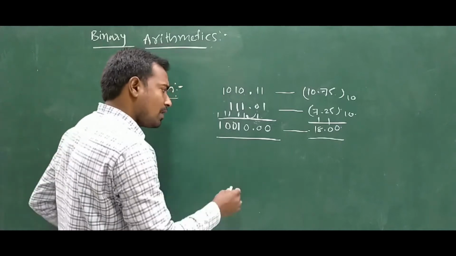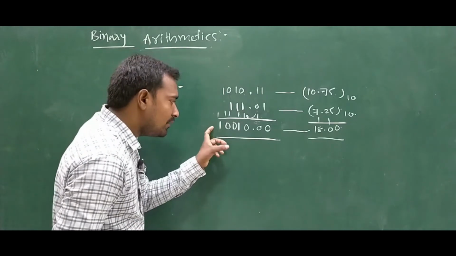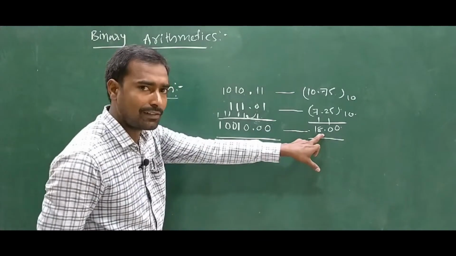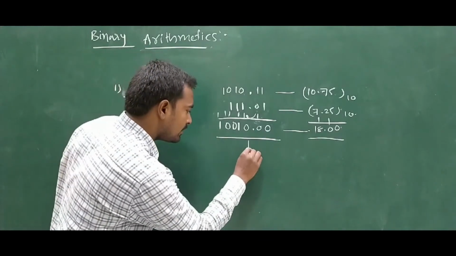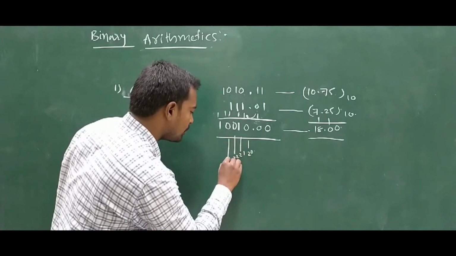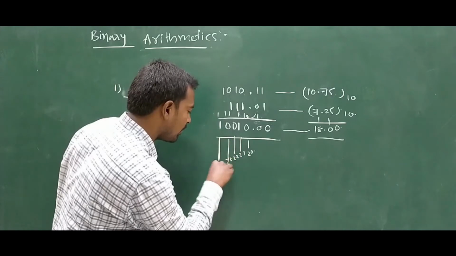So this is the binary digits, and when we are converting the binary digits into decimal, we have to get the equivalent 18. Here 2 to the power of 0, 2 to the power of 1, 2 square, 2 to the power of 3, and 2 to the power of 4.